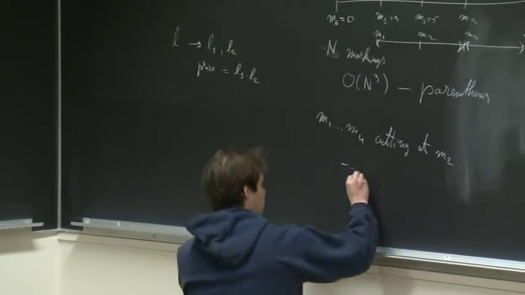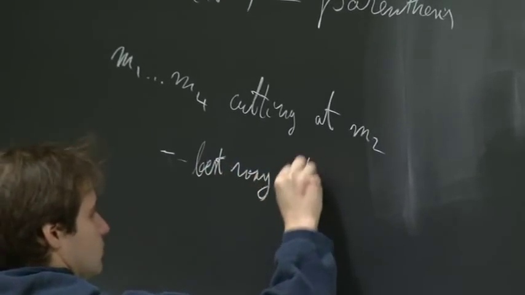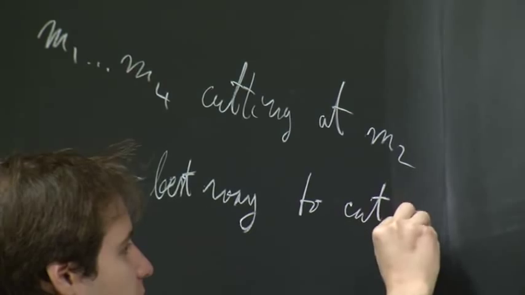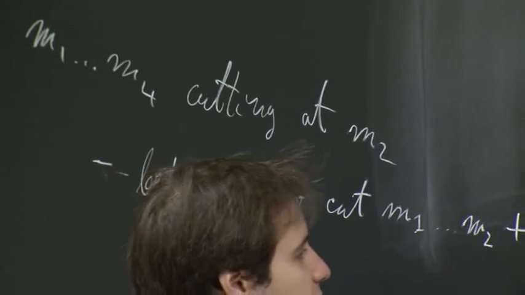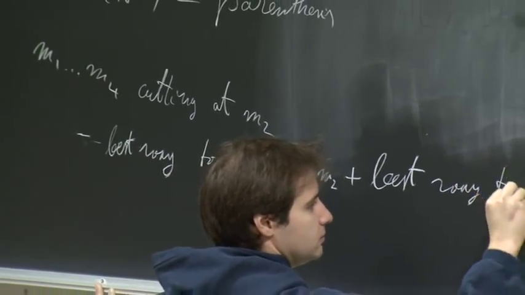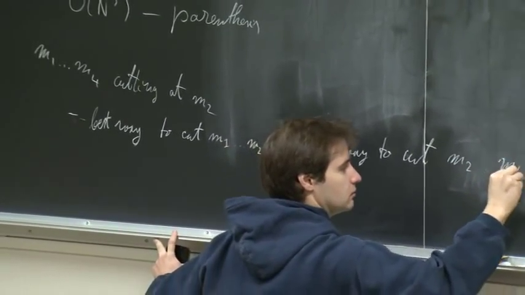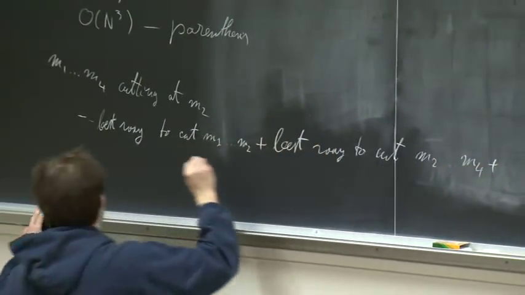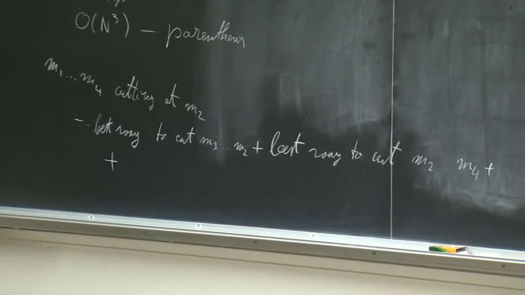Okay, so it's the best way to cut M1 through M2 plus best way to cut M2 through M4 plus the price I'm paying for this cut, right? Not just the sum of the dp's. One more term.